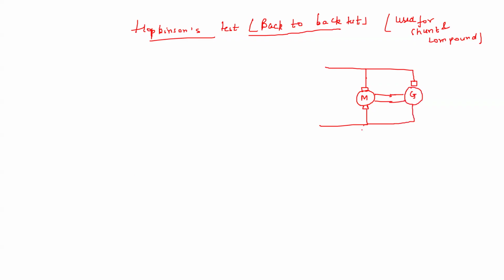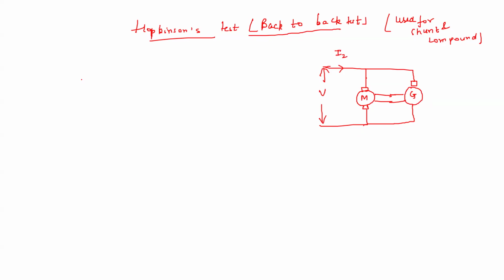Ideally, the motor and generator exactly load each other. So in this condition, whatever power you are supplying from the outside is being taken for meeting only the losses. Let us say this is current I2.